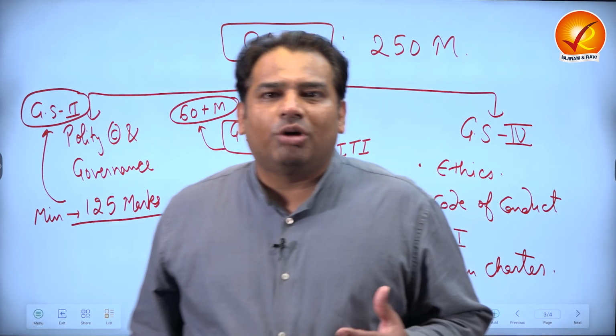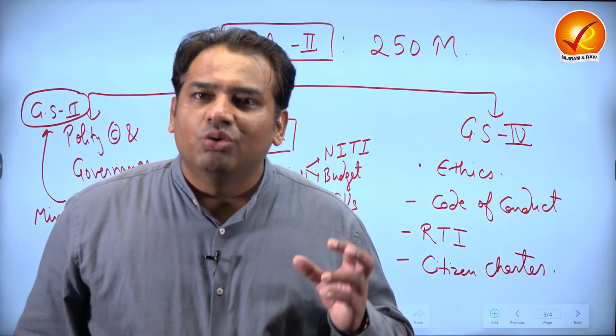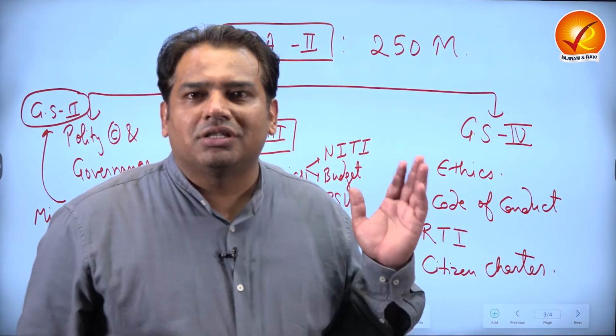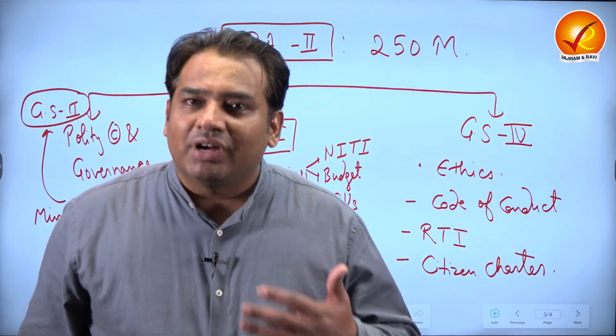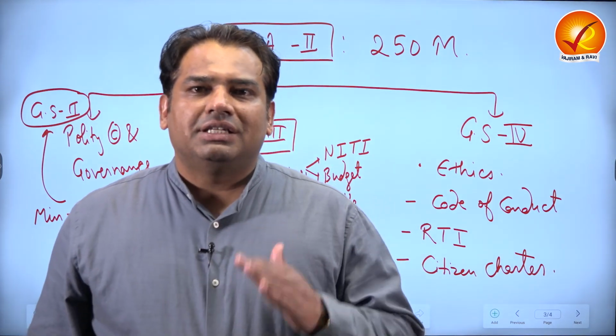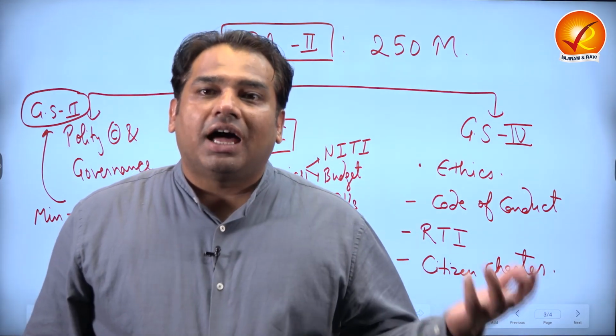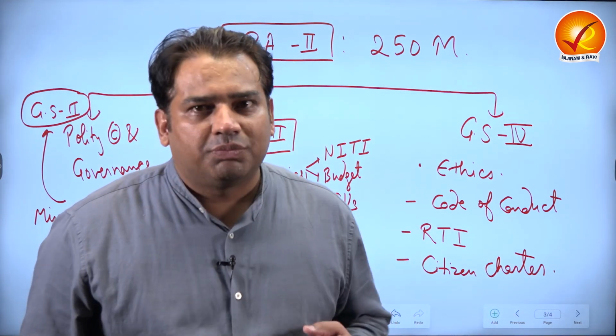So there are multiple topics on which there are direct questions in the ethics paper. We do have overlapping of those topics in the PubEd syllabus. We have a unit called accountability and control. That unit exists in paper 1 of PubEd, and that unit is directly useful for this ethics paper.